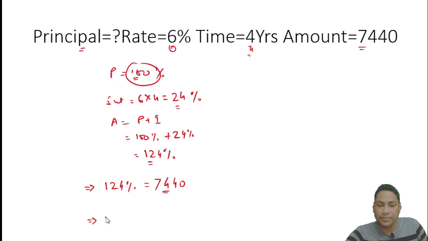So for 100% that will become 7,440 divided by 124 multiplied by 100. So we'll divide it by 4.